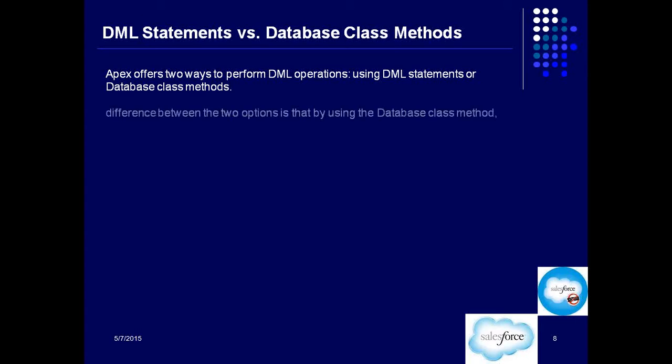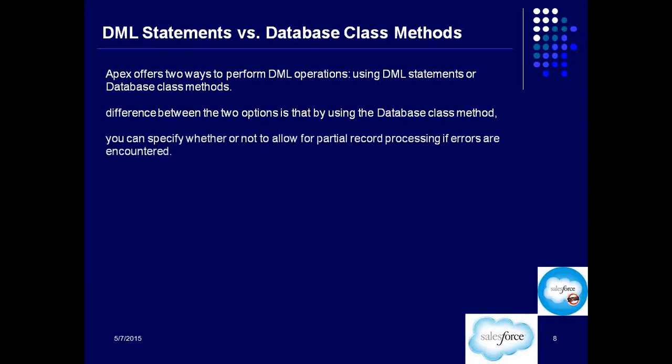Okay, why would we do that? Why would we use database class and where will we use DML statement? Let's understand that. So I told you about the DML statement. The restriction with the DML statement is either it will completely get committed or it will get rolled back. So that's the problem with the DML statement. The difference between the two options is that by using the database class method, you can specify whether or not to allow for partial record processing.